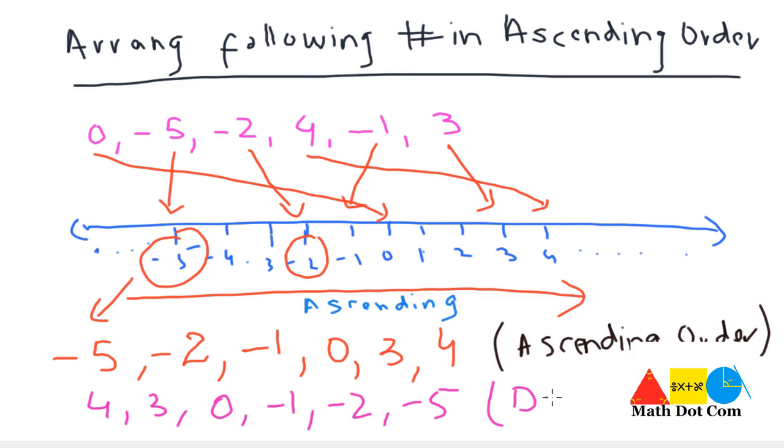This is the descending order. So here we have got the concept of ascending and descending order of integers through the number line. So this was the concept. Hope it will be helpful for understanding the concept of integers.